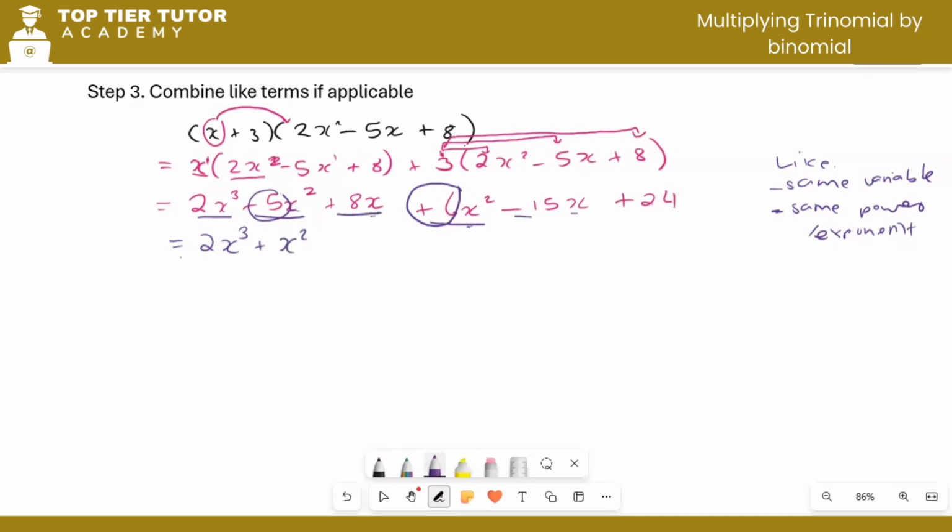The 8x and negative 15x are like terms, so we're going to add the coefficients. 8 minus 15 would give us negative 7x, and we only have one constant. And that is how we multiply a binomial by a trinomial.